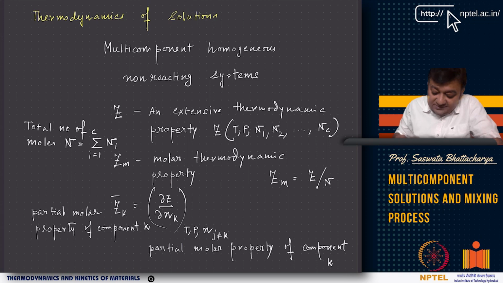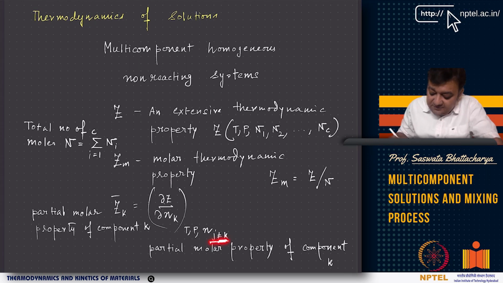So Zk bar is defined as the partial derivative of Z, the property, with respect to Nk, the mole number of species K or component K, keeping temperature, pressure, and other species mole numbers fixed, where j are the other species and j not equal to k.